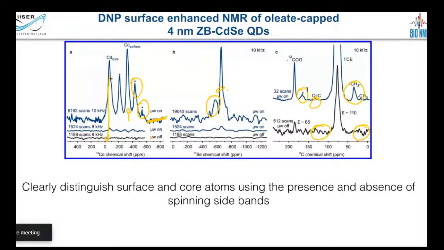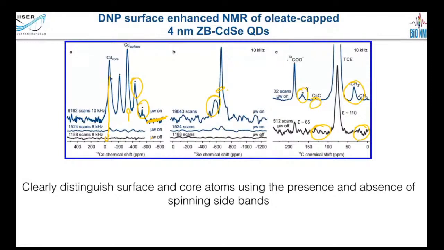So the scalar coupling is nothing compared to the other couplings in solid state NMR. Basically it is negligible compared to the strength of the other coupling constants.